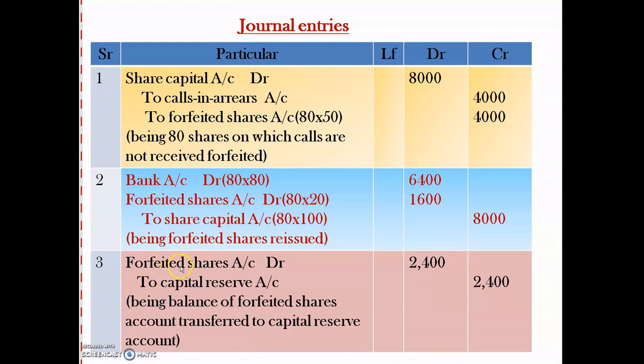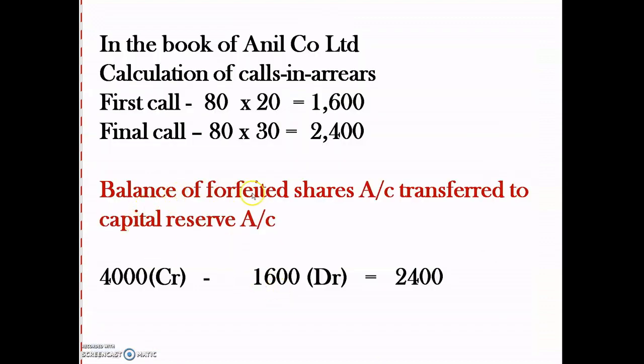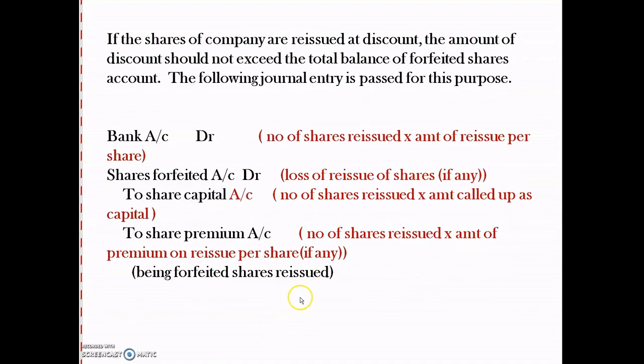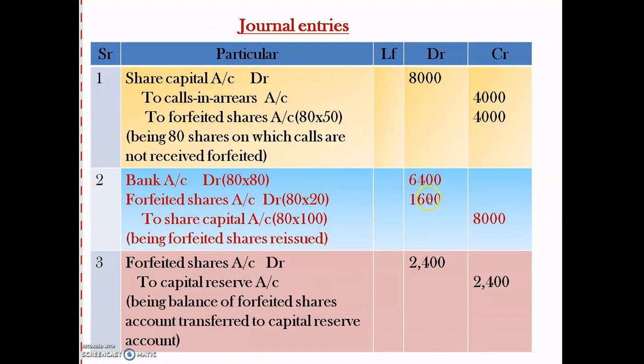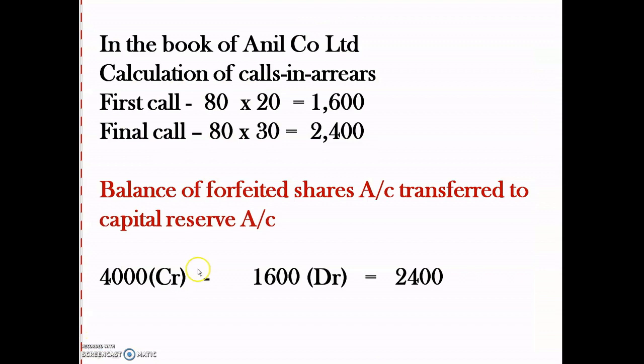Next last entry, see here, forfeited shares account debit to capital reserve account. Here we have to write this one. See here, balance of forfeited shares account transfer to capital reserve, 4000 credit minus 1600 debit is equal to 2400. Okay, so students, this is the formula to transfer to the capital reserve account, that is balance of forfeited shares account transfer to capital reserve account, that is 4000 credit minus 1600 debit.